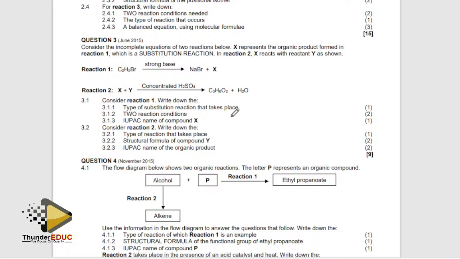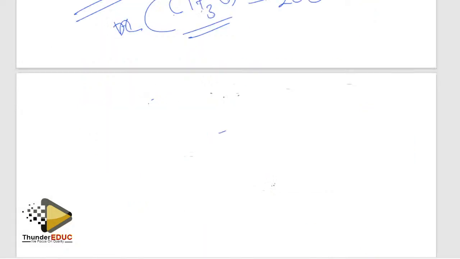When do I use a strong base? When do I use an acid? Then you are done. You have what you call addition reaction, elimination reaction, and substitution reaction. All this you have to know, when and how to apply them.